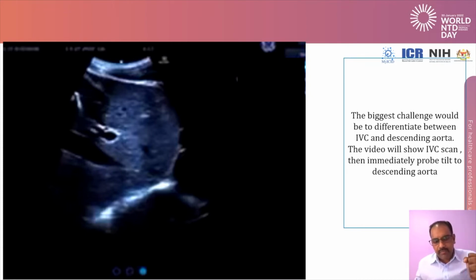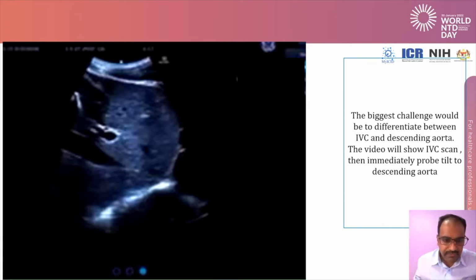At the beginning, I'm going to scan the IVC. After a few seconds, I'm going to drag my probe towards the midline and scan the descending aorta. So try to view it, and I think you must be able to differentiate how the IVC looks and how the descending aorta and its pulsation look.